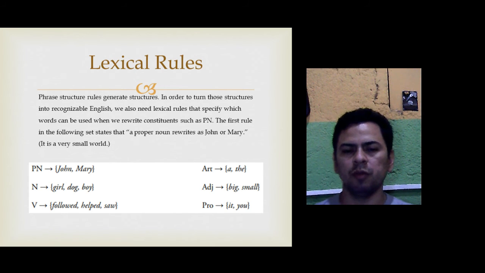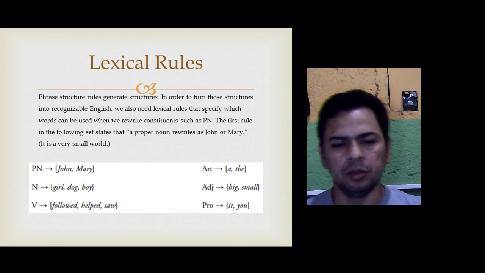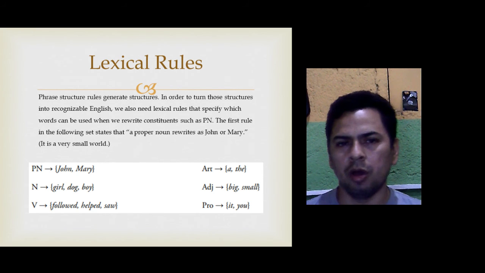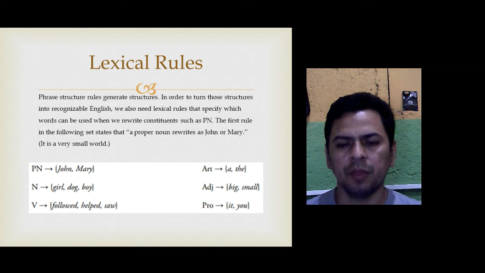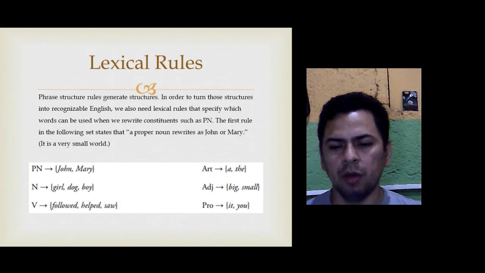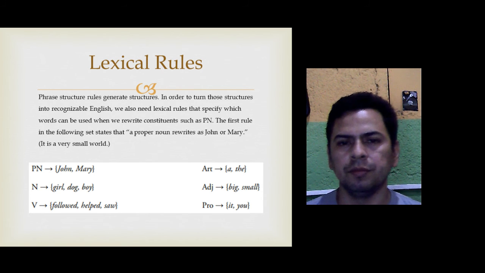It's a very small vocabulary. Proper noun, John, Mary. Noun, girl, dog, boy. Verb, followed, helped, saw. Article, a, the. Adjective, big, small. Pronoun, it, you.